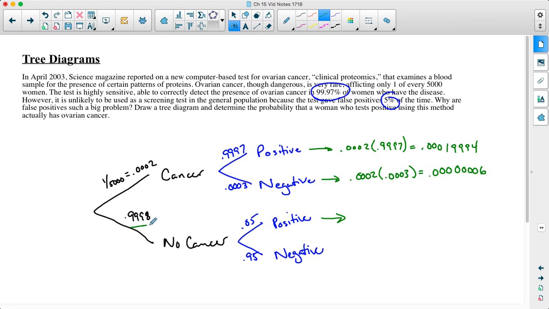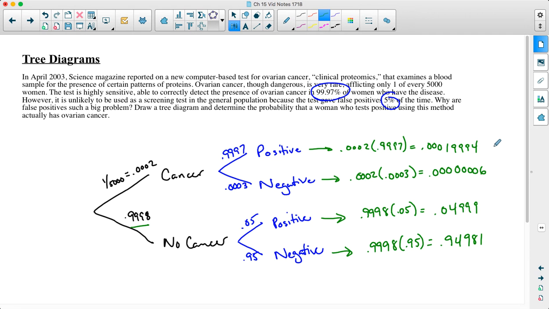We multiply this 0.9998 times 0.05. And this is the probability that we have no cancer and a positive test, which turns out to be 0.04999. And then we do the same thing for no cancer and negative test. So that's 0.9998 times 0.95, which is 0.94981.